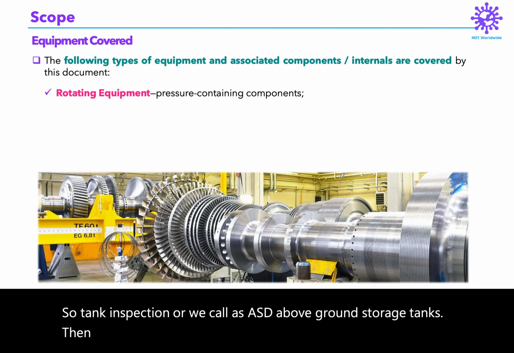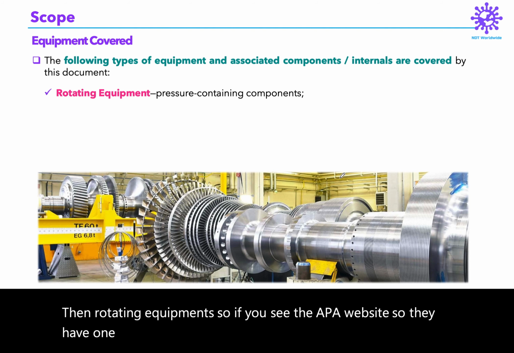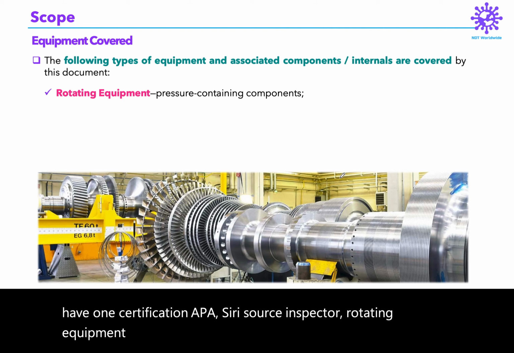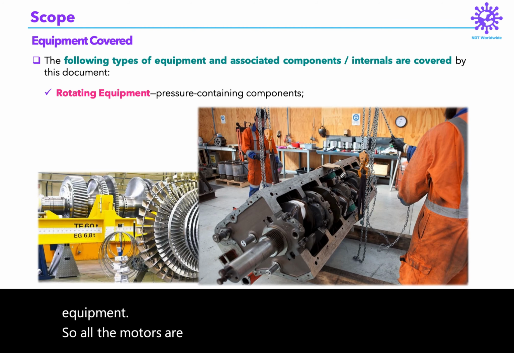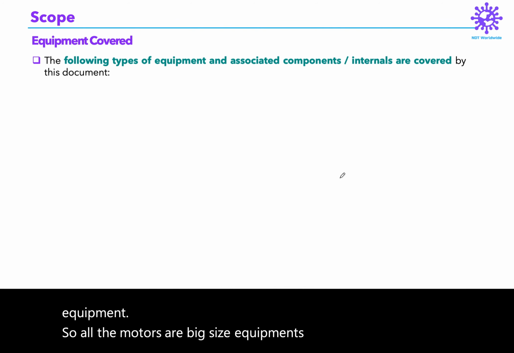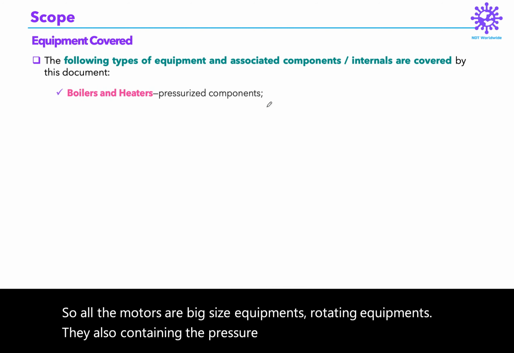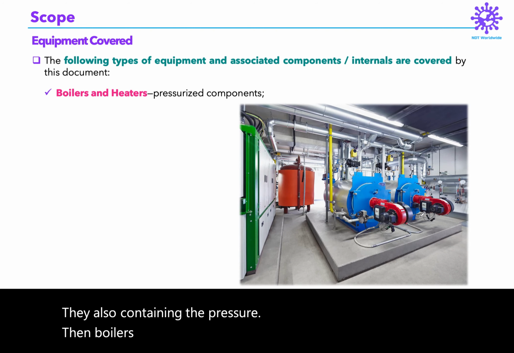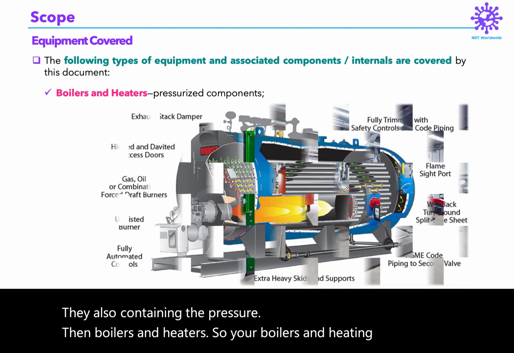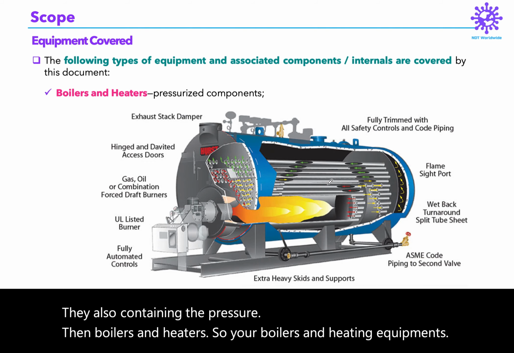Then rotating equipments. If you see the API website, they have one certification, API SIRE, source inspector rotating equipment. All the motors and big size equipments, rotating equipments, also contain pressure. Okay. Then boilers and heaters, your boilers and heating equipments, and their associated internals as well.